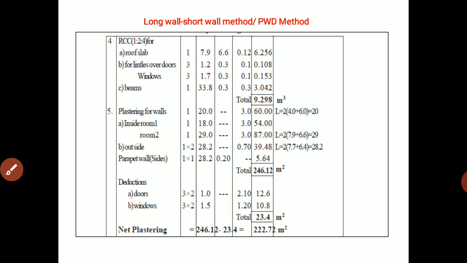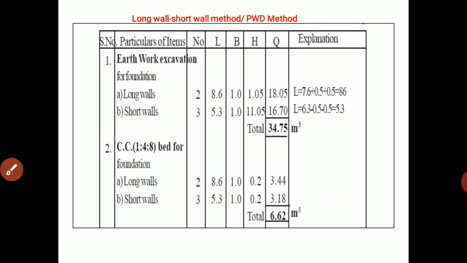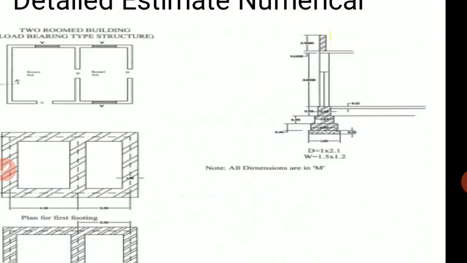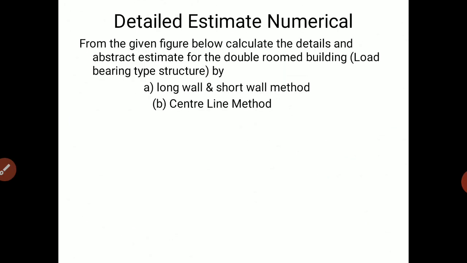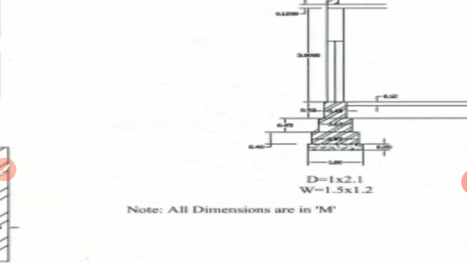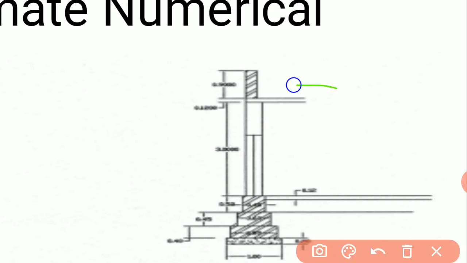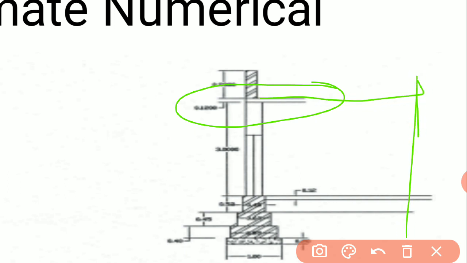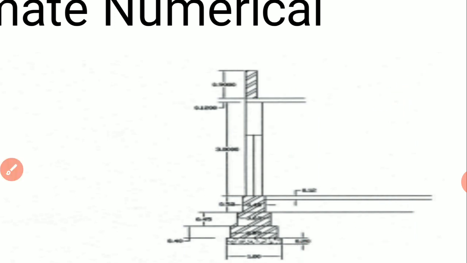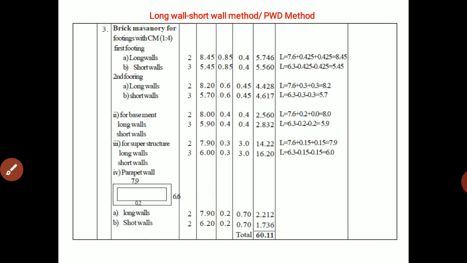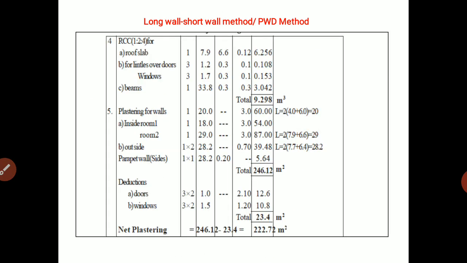For the roof slab again we'll consider a section. This section is the roof slab, and the thickness of this roof slab is given. The length we will take according to room dimensions, and the width accordingly, and we'll jump to our calculations.